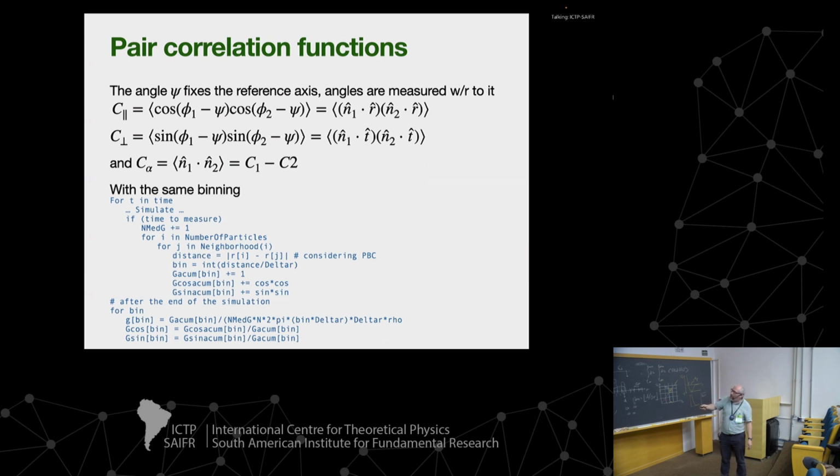You accumulate for the sine, sin. And at the end of the simulation, you compute the function g of r, as just described. And now the cosine and sine functions, these two functions here, are the accumulation of the cosine divided by the total number of particles that you measure. And here, you divide by the total number of pairs. That's it. You do binning.